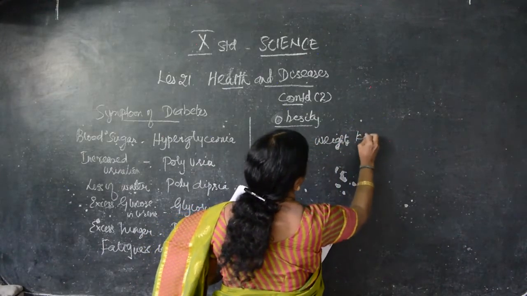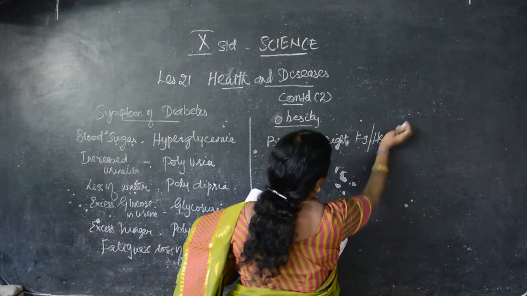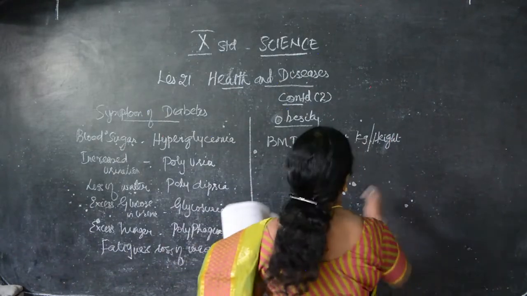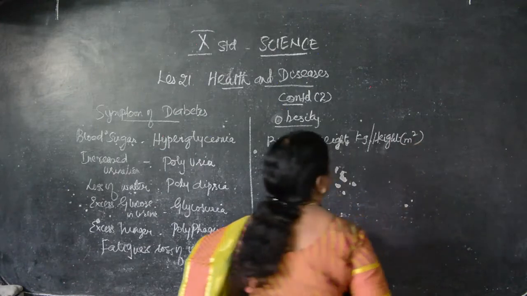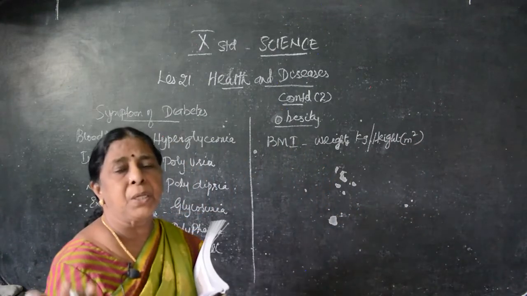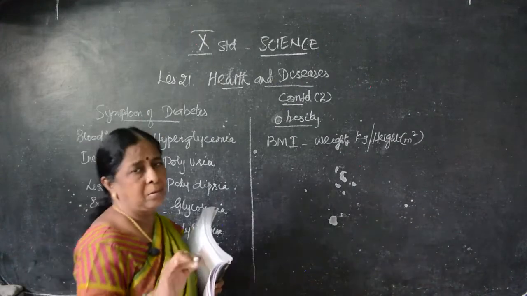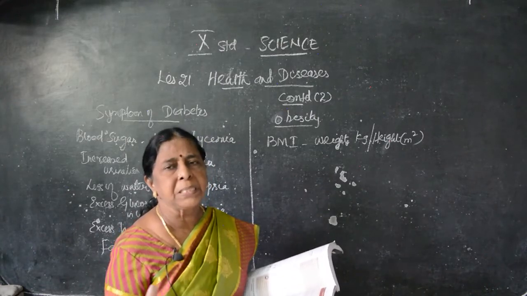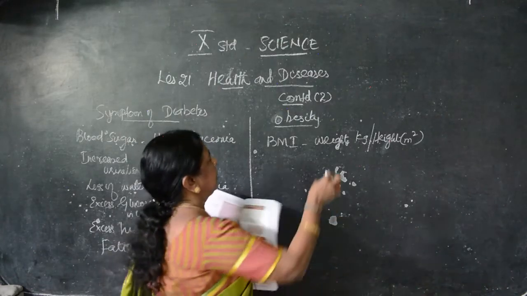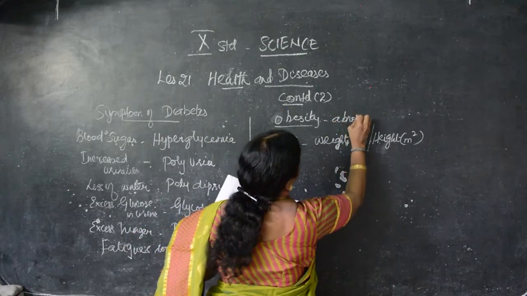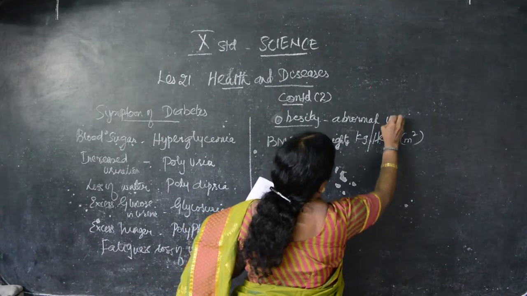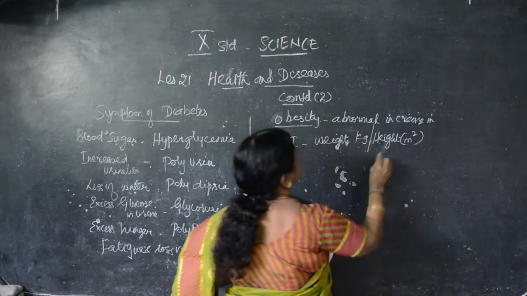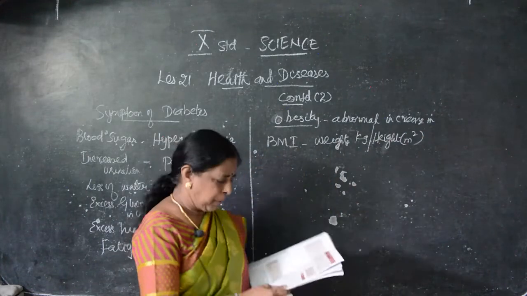Weight should be in kilograms and height in meters squared. Using the formula, you can find out whether you are obese, lean or normal. What is obesity? Abnormal increase in body weight.